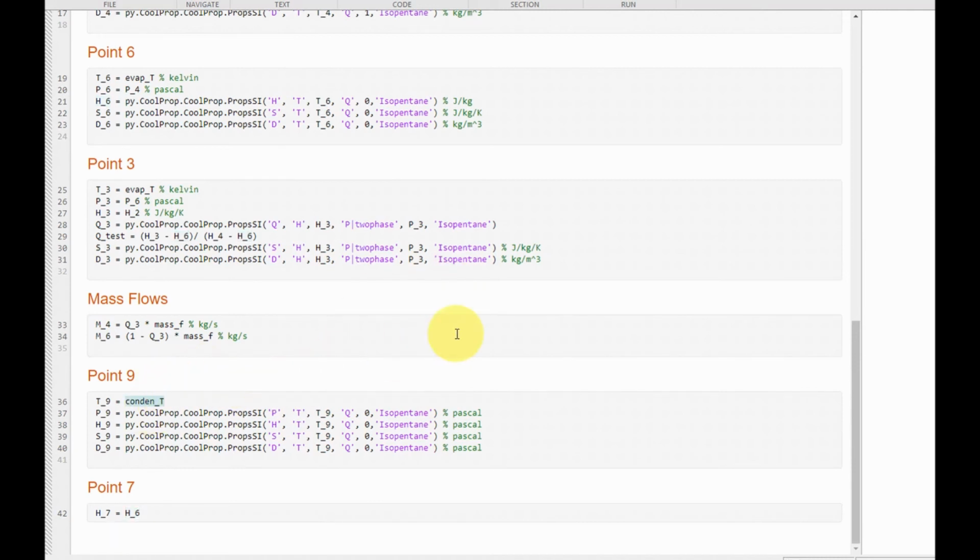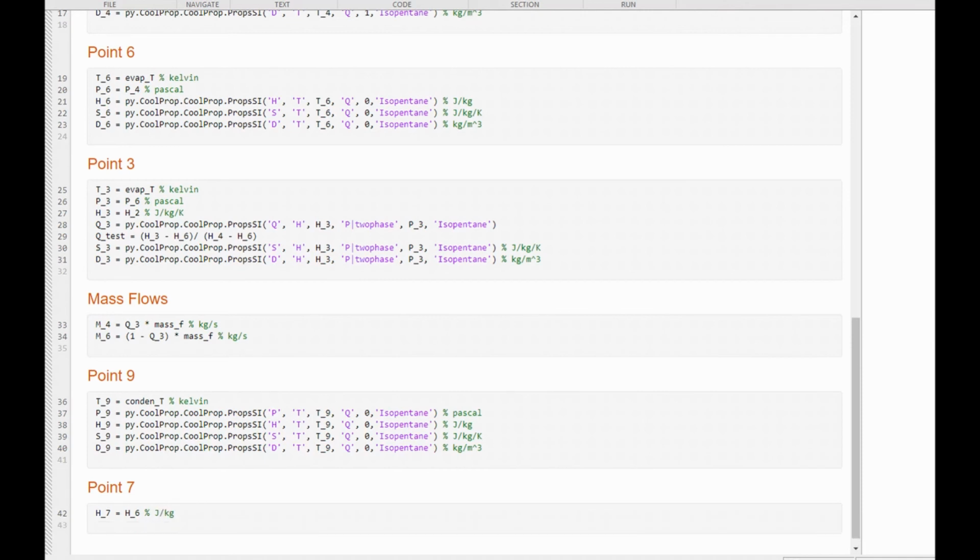We just have to be consistent with those units so we don't get it wrong. The pressure is in Pascal. This is in joule per kilogram, joule per kilogram Kelvin, and this is kilogram per meter cubed. So here we need to specify the unit. This is joule per kilogram.